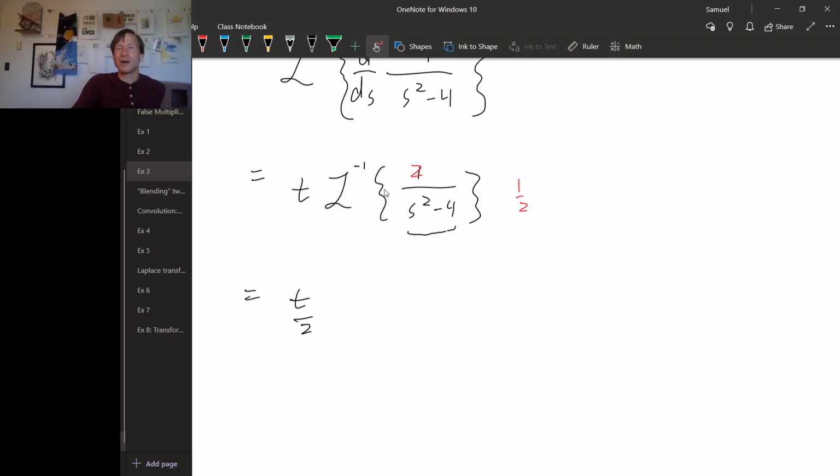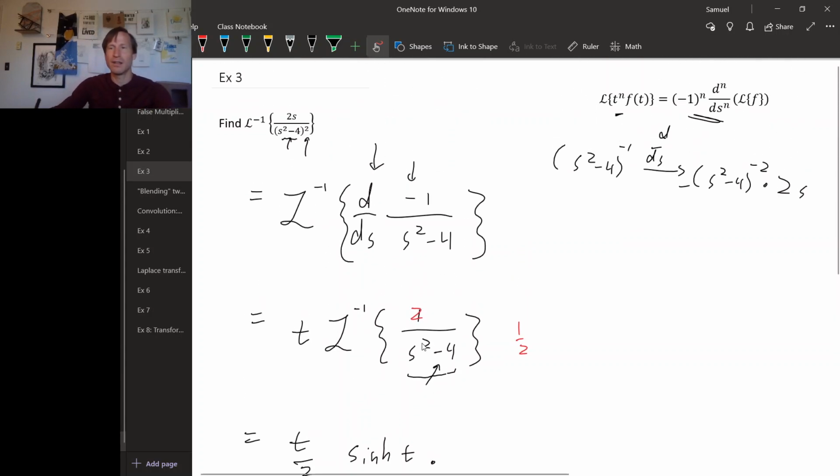This looks very much like the Laplace transform of sine, except there's a minus here instead of a plus. Well, it turns out that that gives you hyperbolic sine instead of regular sine, so hyperbolic sine of t. Again, if you factored the denominator and did partial fractions and then took inverse transforms, this is what you would get. You would get hyperbolic sine of t here. All right, so this trick of expressing this as a derivative with respect to s let us handle this awkward exponent in the denominator.